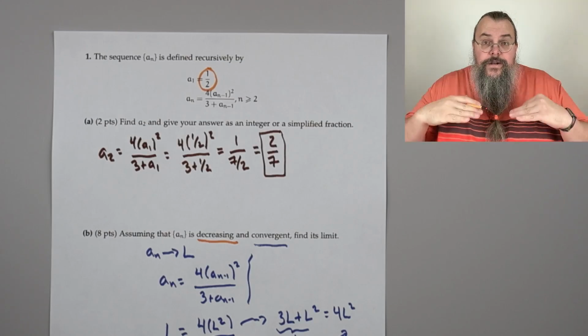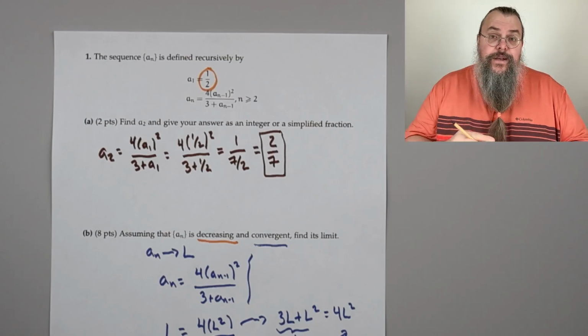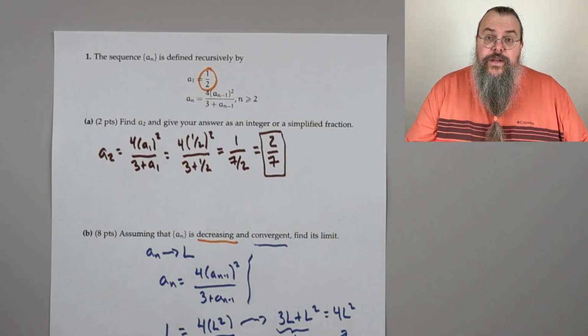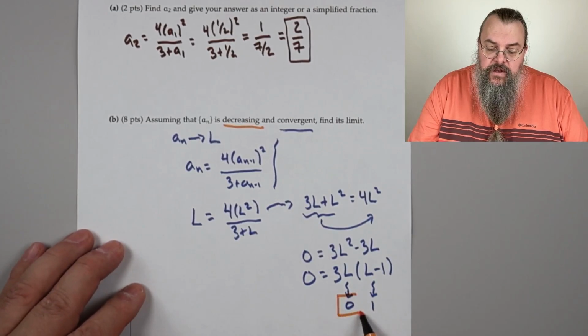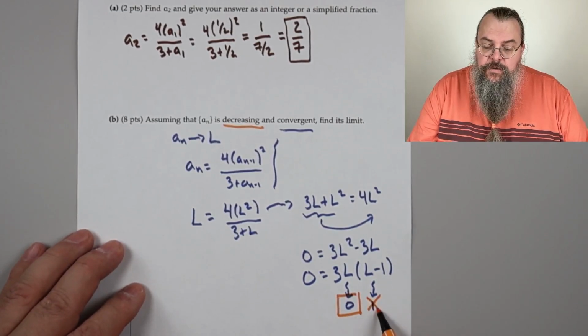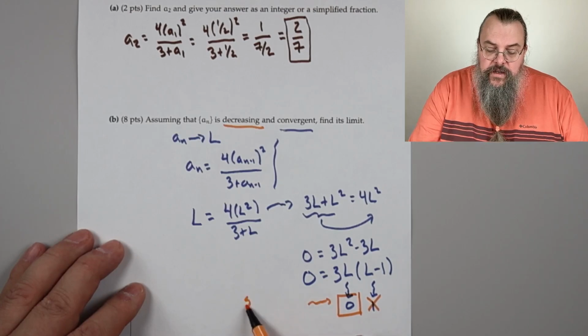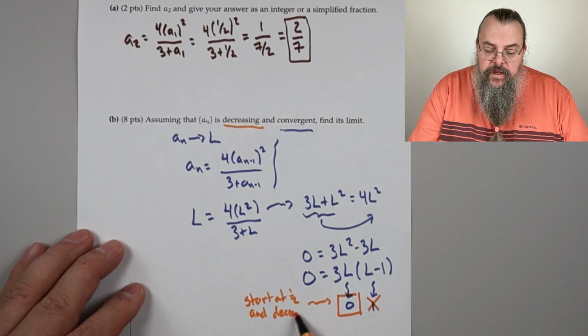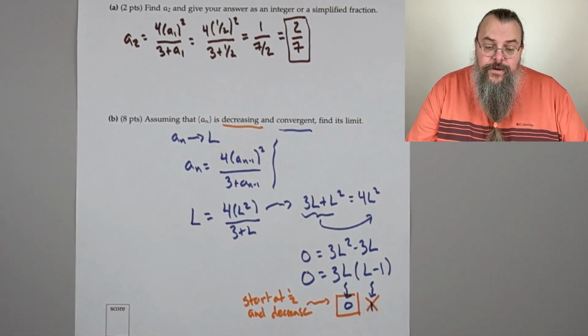Can I get to 1? No. To get to 1, I'd have to go up at some point, but we're not. So it has to be 0. Can't be 1. It has to be 0 because we start at 1/2 and we decrease. And there we go. That's the idea. All right, good.